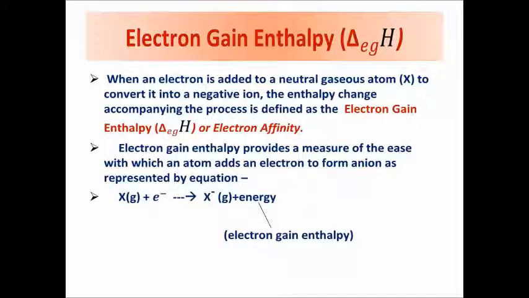And during this process, the enthalpy change or energy change accompanying it is termed electron gain enthalpy, or electron affinity. In the form of an equation, it can be written as X plus electron giving X minus plus energy. This energy which is released is termed electron gain enthalpy.